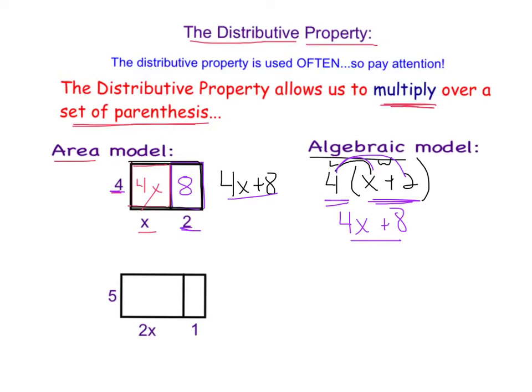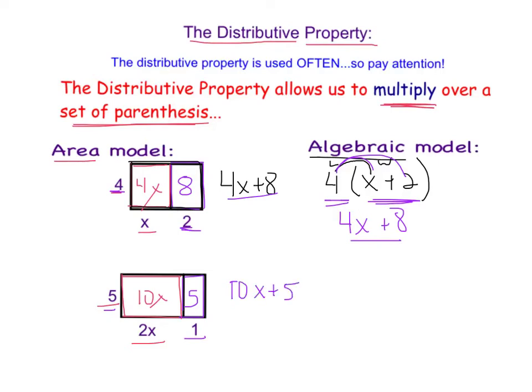So another example, this rectangle, length, width, 5 times 2x is 10x. This rectangle, 5 times 1 is 5, so the whole expression is 10x plus 5.